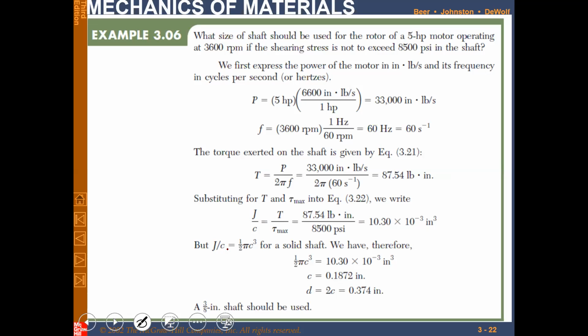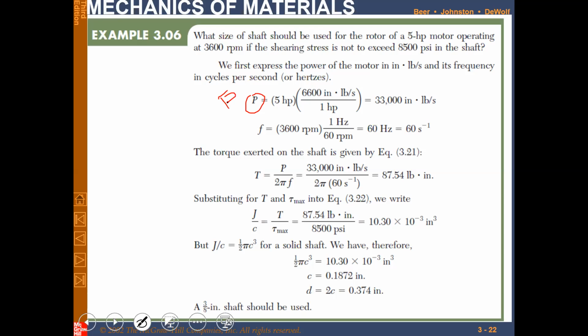So P, or the torque, will be power or the torque. Here P is equivalent to the T I calculated last time, right? So it will be 30,000 pound-inch, and F will be 60 hertz or 60 cycles per second, right? Sorry, this will be the power, not the torque. So torque will be P over 2 pi F, right?